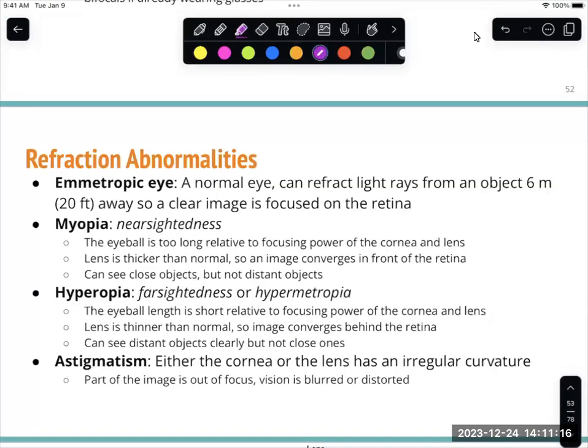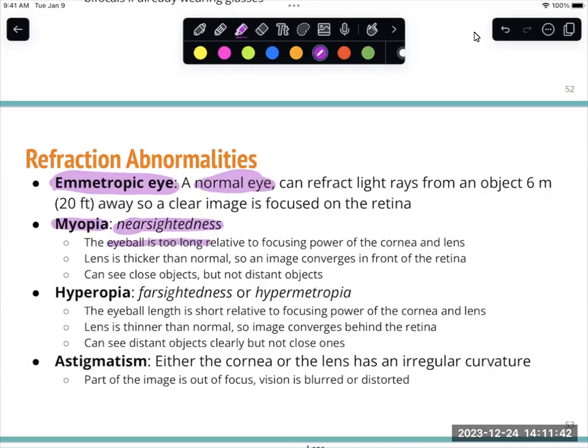So an emmetropic eye, this is normal. They can refract light rays clearly onto the retina. Myopia, nearsightedness. Somebody who has nearsightedness, their eyeball is too long.